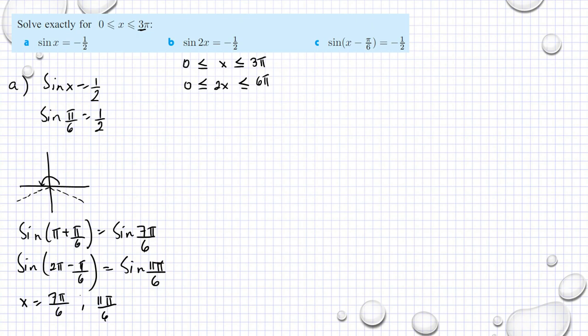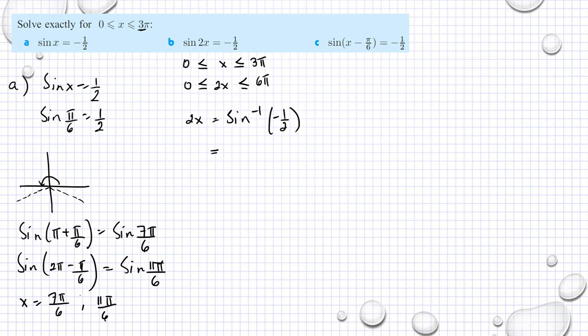That means we have 6 pi this time. So we now have 2x is equal to arcsine of negative 1/2.